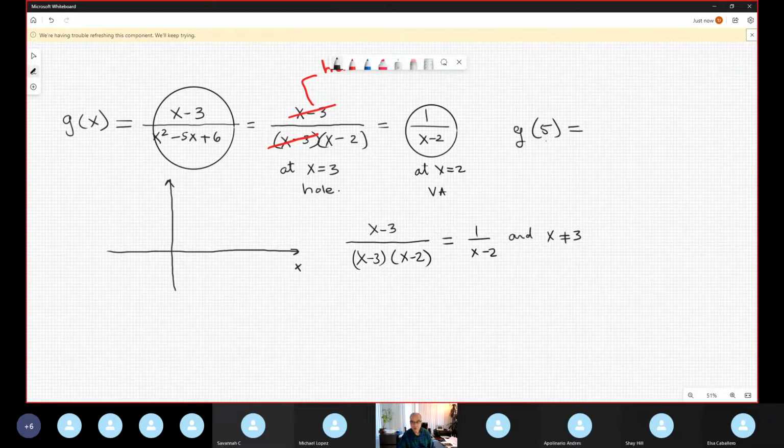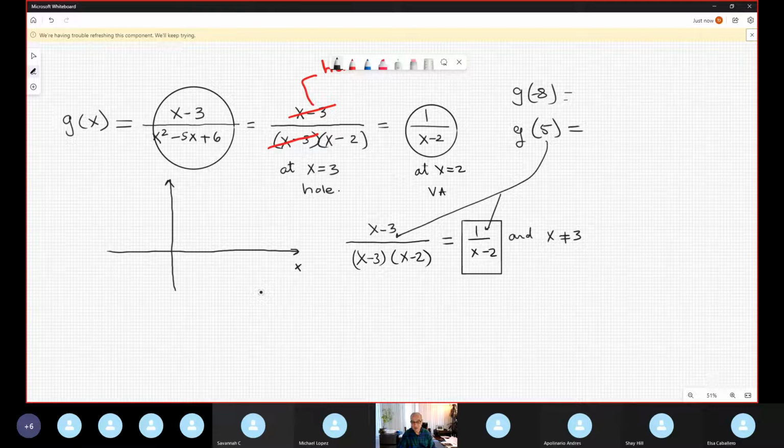Well, you can plug in this 5 here or here, either way, because it's not 3. In my opinion, it's easier doing this because it's short. And you evaluate at another number, at 8, or negative 8. We're using the short one again, okay? Where is it invalid? At 3, you need to evaluate there. By the way, it's undefined.